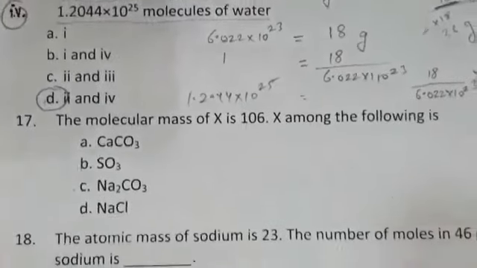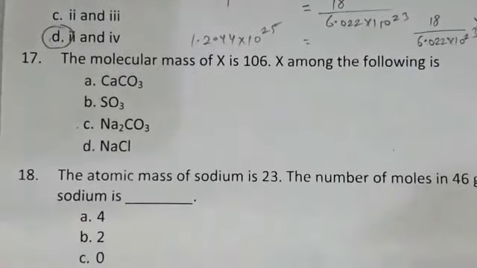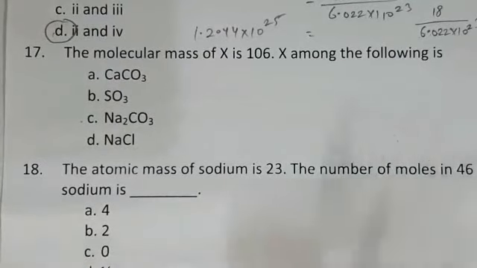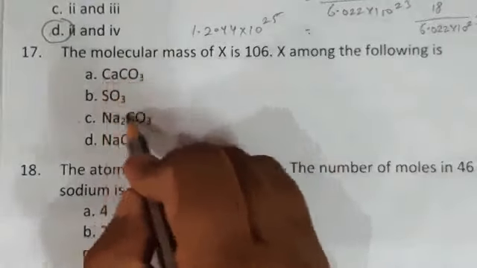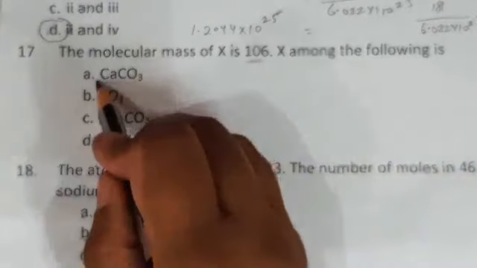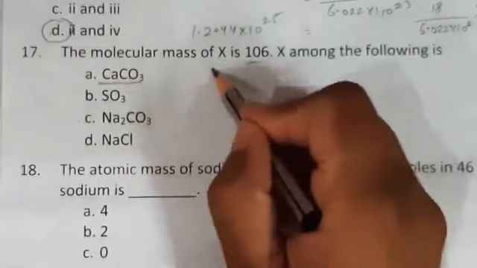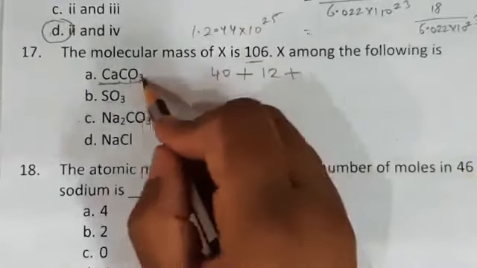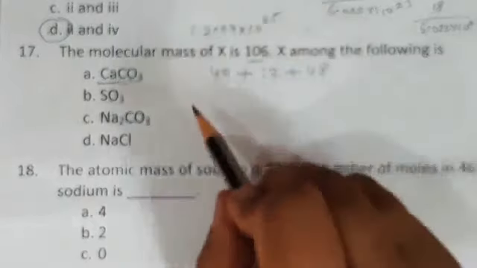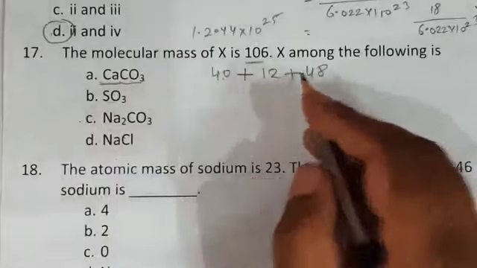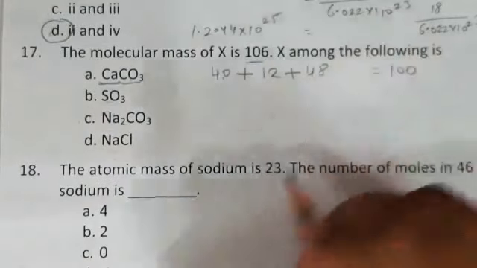Question number 17. The molecular mass is 106 of X. Calculate X. So you calculate for all. The one which comes out to be 106, the answer will be that. So for calcium carbonate, it will be 40 for calcium, carbon 12 plus 16 3s are 48. So 40 plus 12 plus 48, that will be 100.